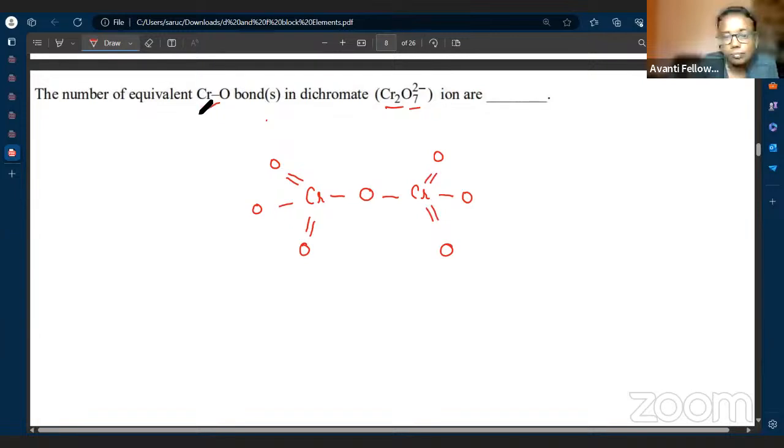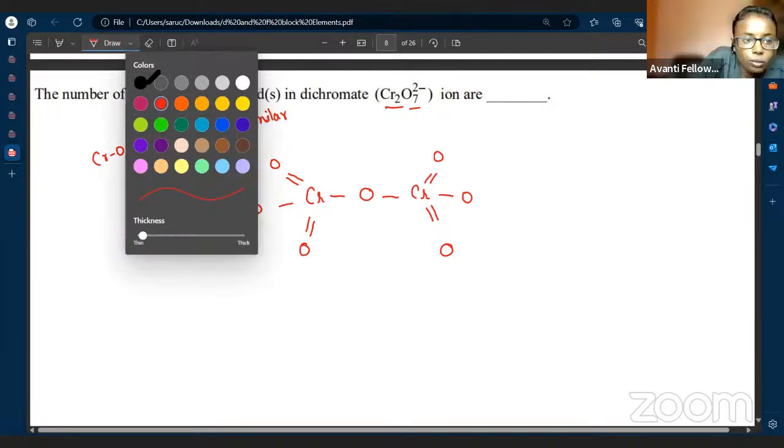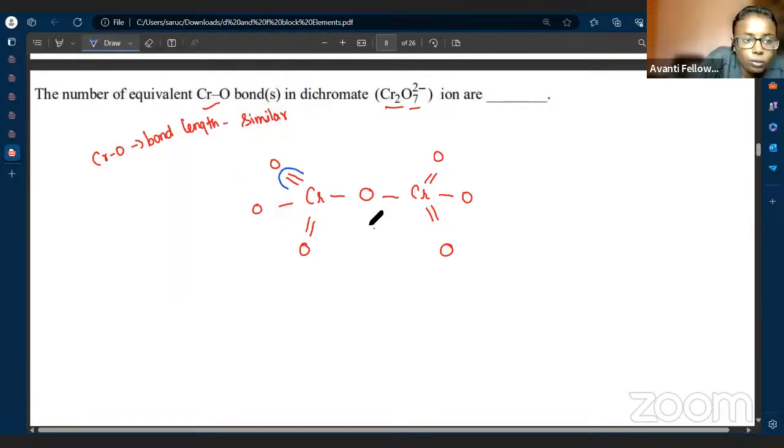Okay. So what is meant by equivalent Cr-O bonds? It means that the Cr-O bond length is going to be similar. So here you can see you have a double bond. That should be a negative charge. Here you have a double bond, double bond, double bond, and the rest are single bonds.